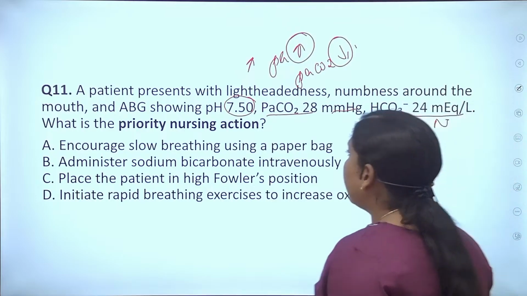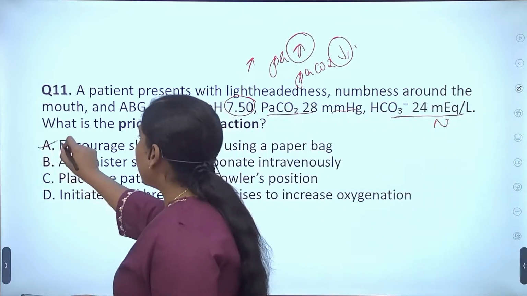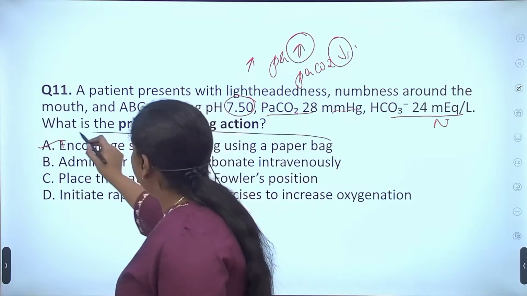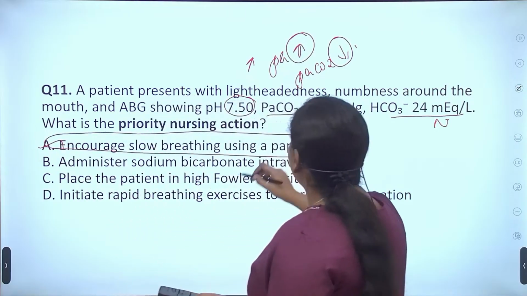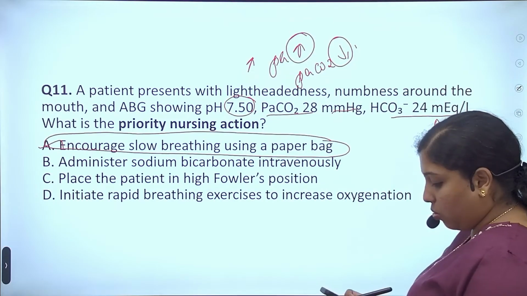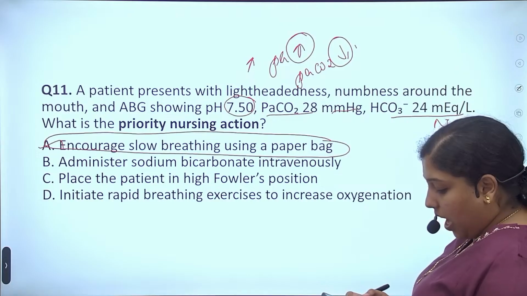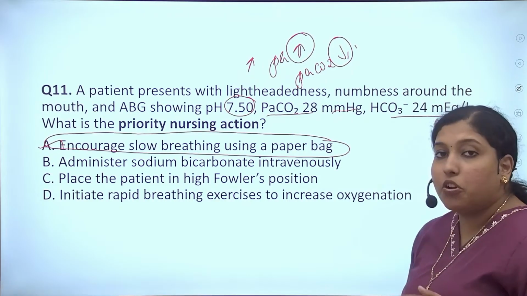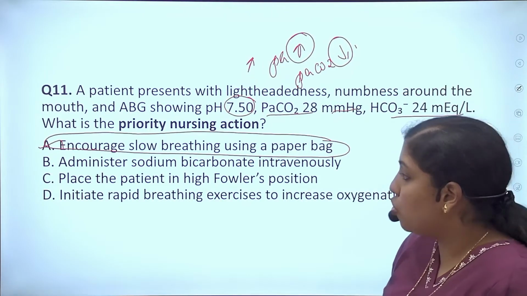You have to encourage slow breathing using a paper bag. So here, the patient is in a case of respiratory alkalosis. So what is happening? Why are we encouraging slow breathing using a paper bag?